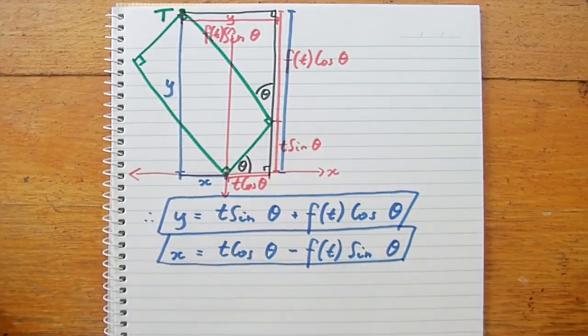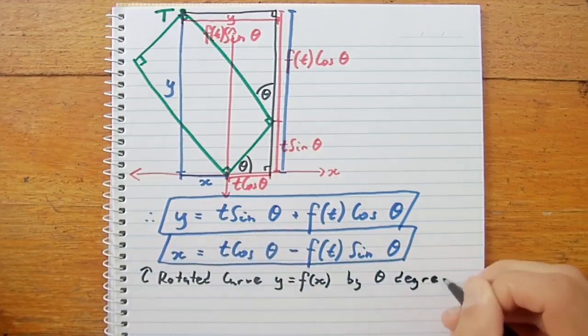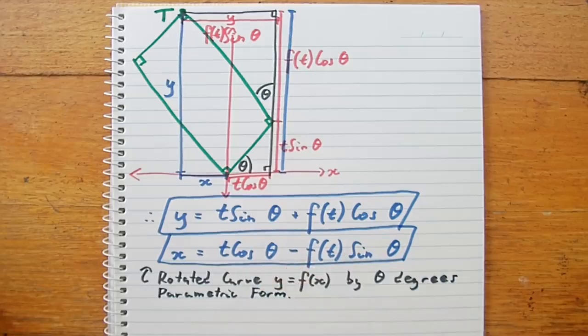So for an arbitrary curve y equals f of x, when you rotate it through an angle of theta degrees, its parametric form will be x equals t cos theta minus f of t sine theta, and y equals t sine theta plus f of t cos theta.